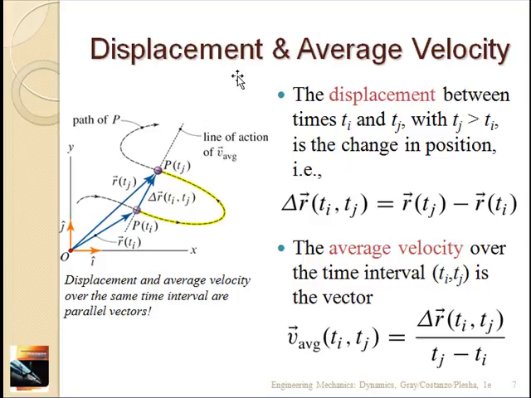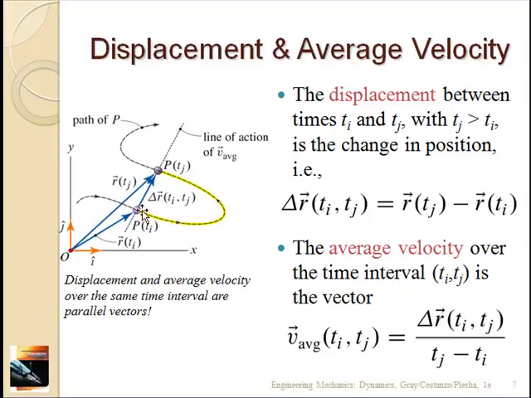Now we'll talk about displacements and average velocity. The displacement between two different times is the change in position. If we look at this particle p, at time ti, particle p was here. At time tj, particle p has moved to here. We have the position vector r of ti that denotes this position, and r of tj, which denotes this position.